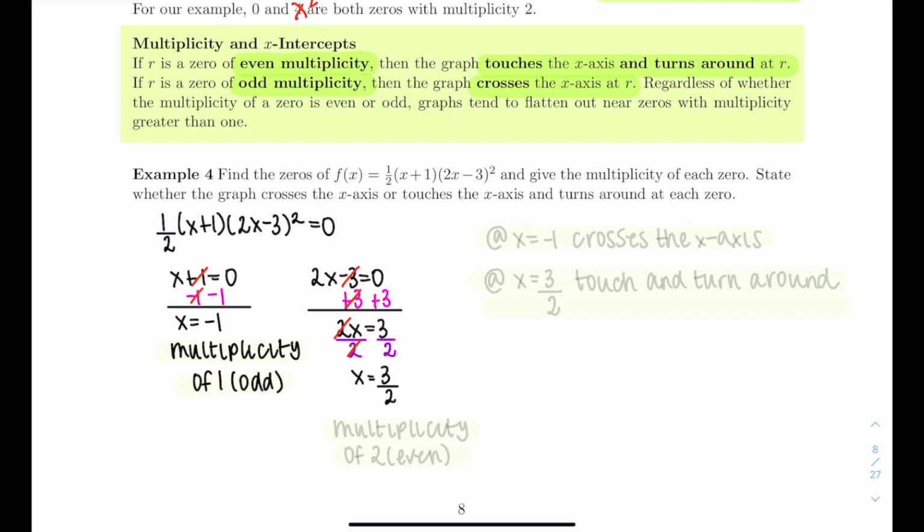Now the exponent on that parenthesis was 2. So this means this has a multiplicity of 2, which is even.